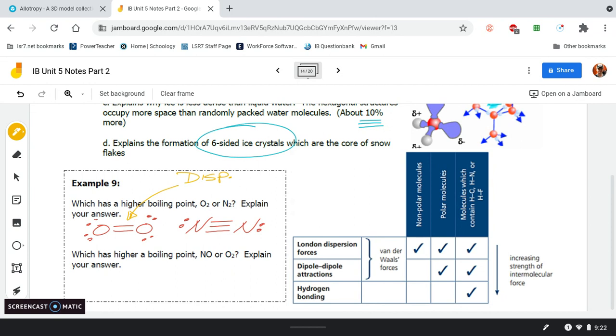There are no hydrogens, so it cannot have hydrogen bonds, so it only has dispersion. So this is dispersion only. Check nitrogen. What does it have? Well, nitrogen's a nonmetal, no metal, so it has dispersion. Not polar, because it's identical, and it doesn't have hydrogens, so it's also dispersion only.